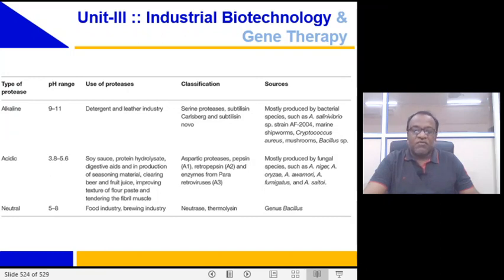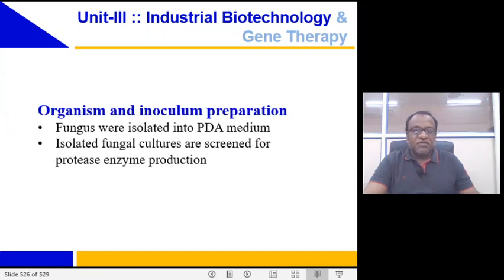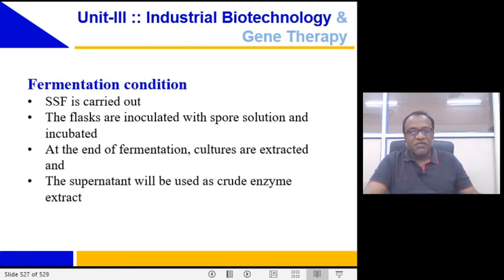Right. If you look specifically at the methodology for protease production, to begin with, I have taken an example of fungus. These fungi are isolated on PDA medium, that is potato dextrose agar medium, and then the fungal species are screened for protease production.